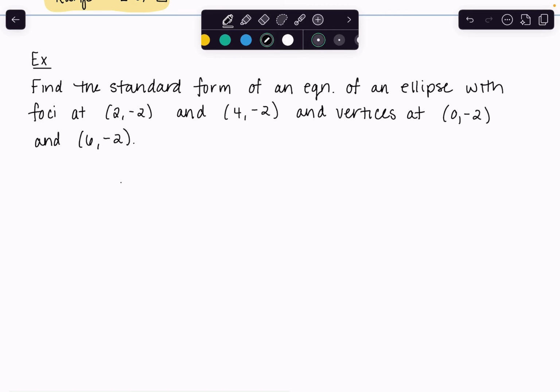But again, I definitely like to draw a picture to get a better idea as to what's going on. So I'm going to start by graphing the key pieces of information. We have to go out 6 in the x direction, and go ahead and label these by 2s, and then we have to go 2 in the y direction. We don't need a full graph of this ellipse, we just need to figure out what that equation is.